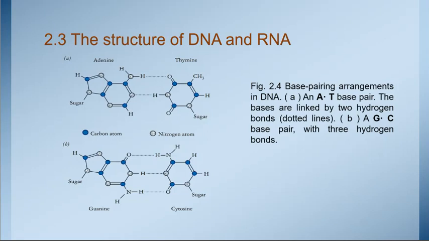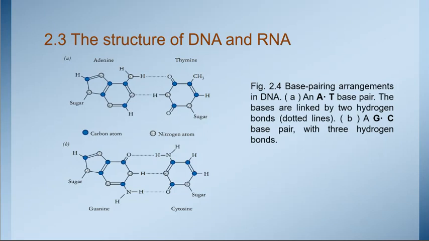So, the nitrogenous bases are the important components of nucleic acids in terms of their coding function. In RNA, the base thymine is replaced by uracil, which is functionally equivalent.